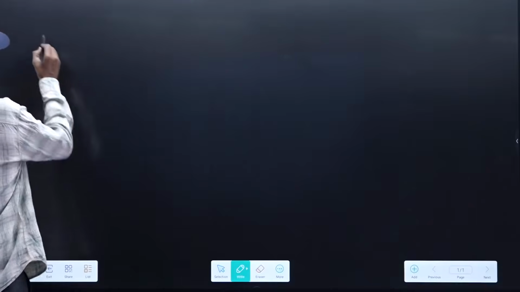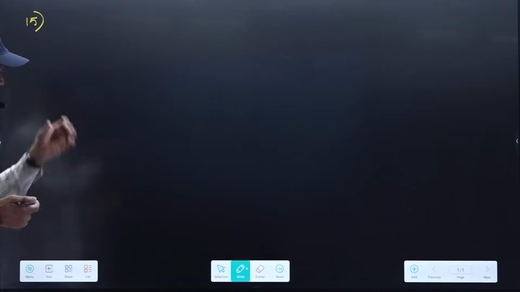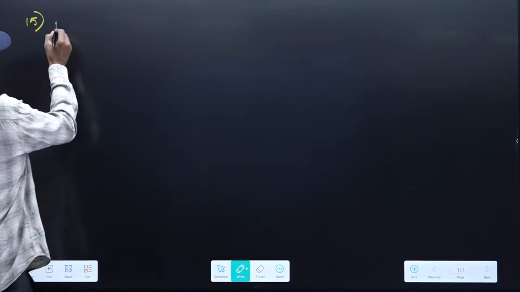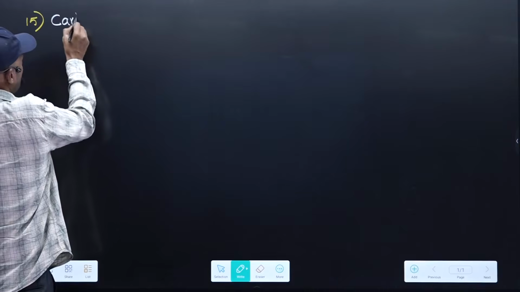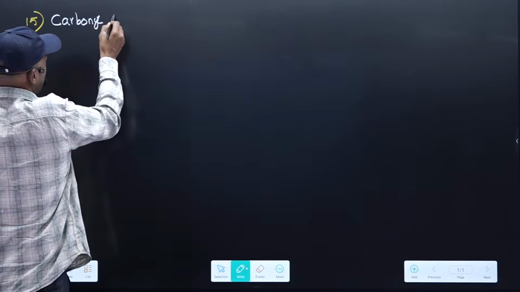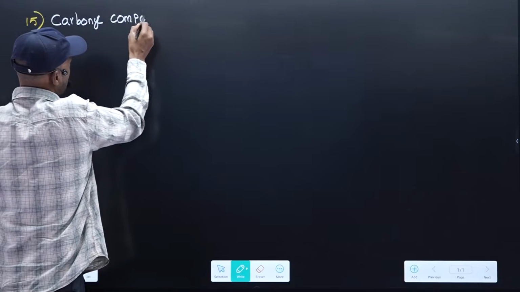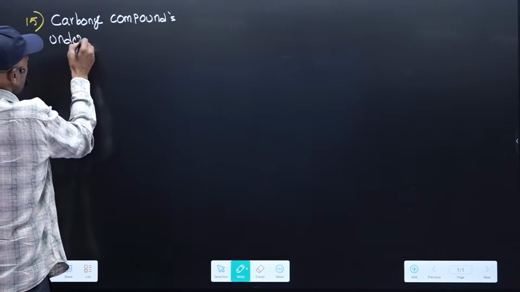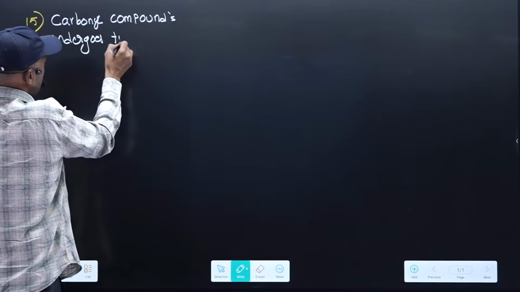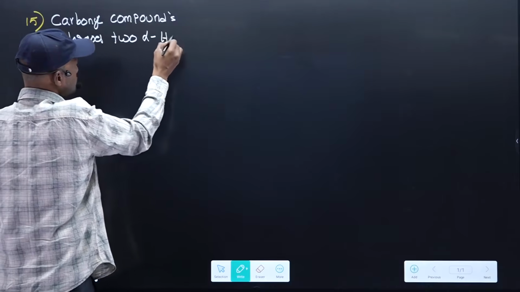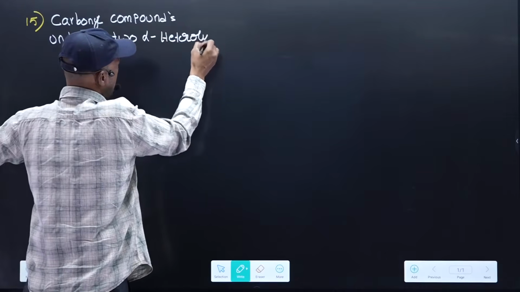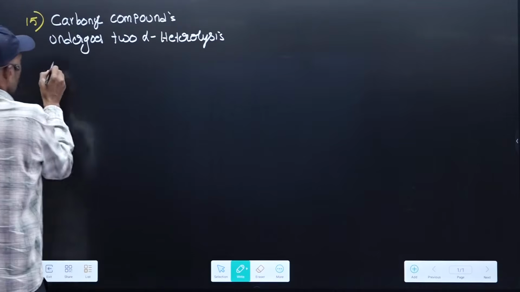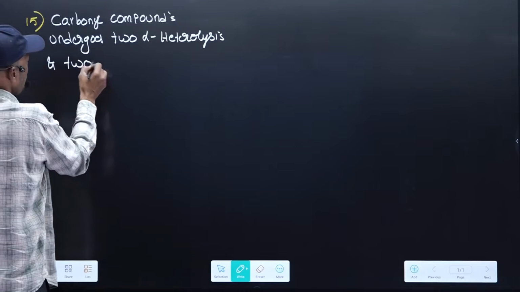Now this is your 15th mass spectral rule. This is only for carbonyl compounds. Any carbonyl compound undergoes alpha heterolysis and alpha homolysis.